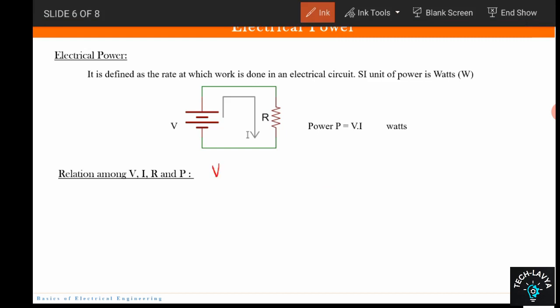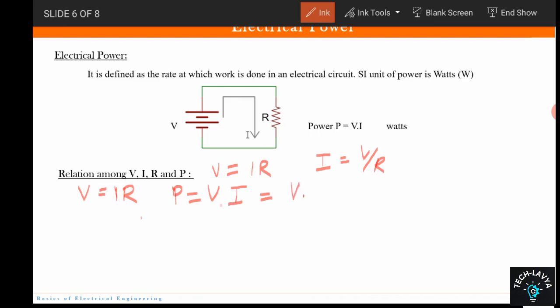By Ohm's law, we say that V is equal to IR, or I is equal to V by R. I know that power P is equal to V into I. So what I will do is keep the value of I here.